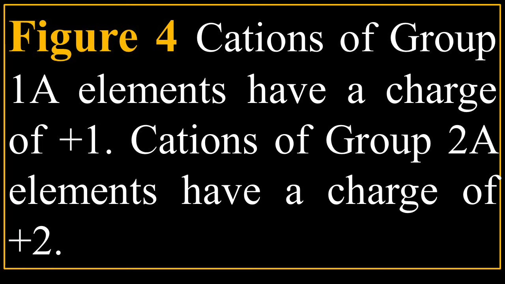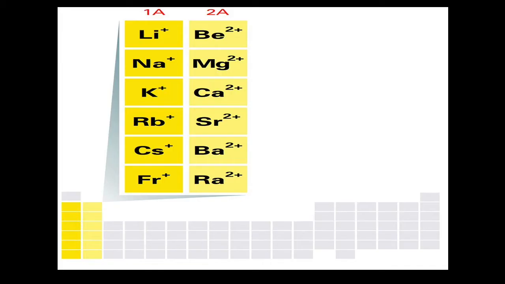So 1A is 1 and 2A is 2. So you're looking at hydrogen in 1A, and then beryllium in 2A. And there are the representative cations for those two groups, 1A and 2A, or simply 1 and 2. Okay, easy stuff.